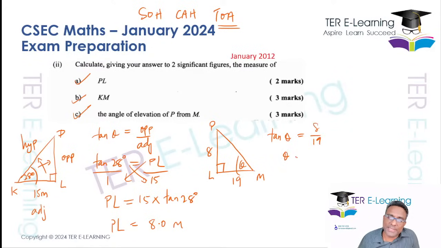Therefore theta is equal to arctan of 8 over 19. They want the answer to two significant figures, so this is about 23 degrees. That's the angle of elevation that they're looking for.